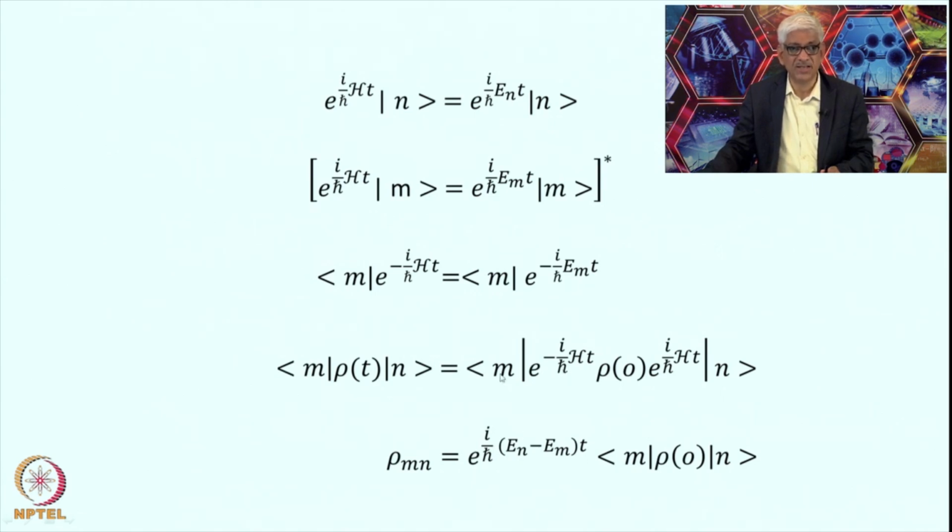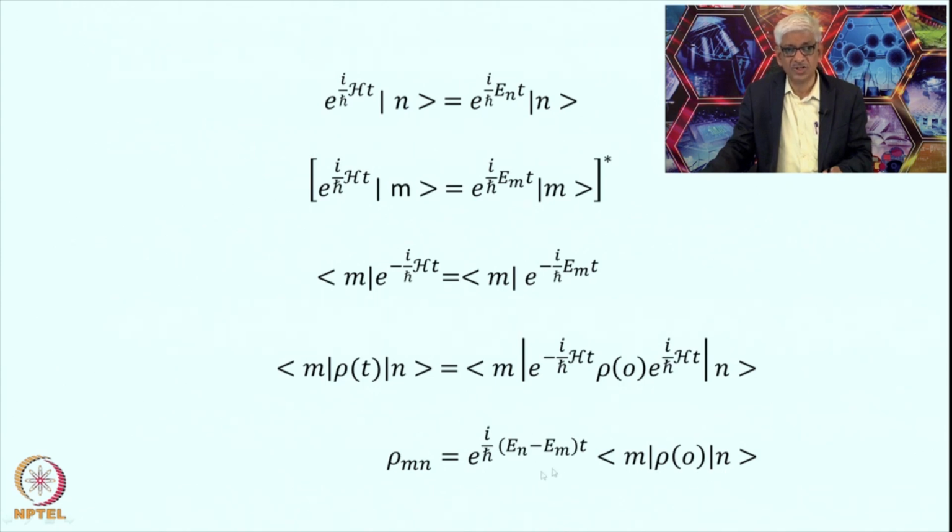This one operating on this side gives me this number, e to the minus i over h cross Em t. So I take out these two numbers, then I get e to the i over h cross (En minus Em) t, where En comes from here and minus Em comes from here, and the state m, rho of 0 stays here and n stays here. Therefore the off diagonal element of the density matrix rho mn is equal to e to the i over h cross (En minus Em) t, times m rho 0 n.